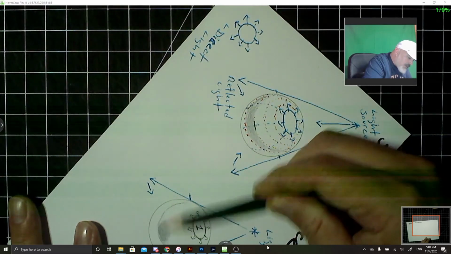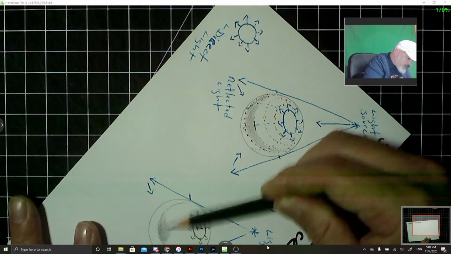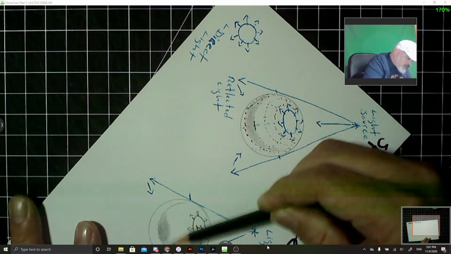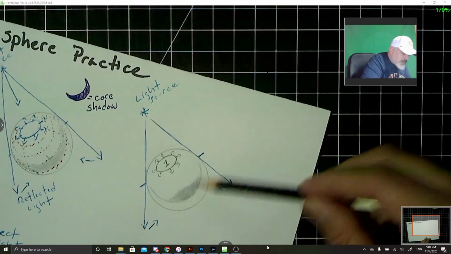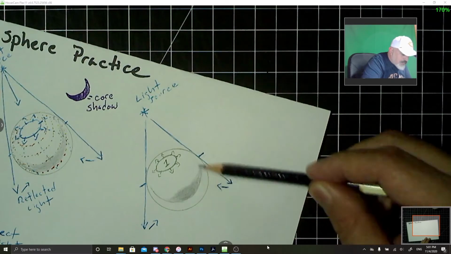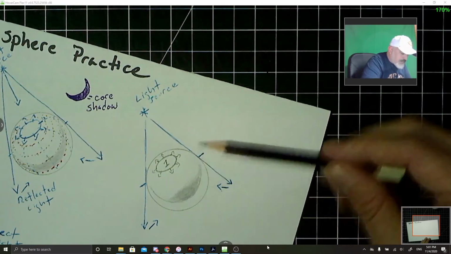Now, when I say crescent shape, I'm oversimplifying it, right? It has an appearance of a crescent, but it's not going to be like those cartoon crescent shapes that you see for the moon and stuff like that.